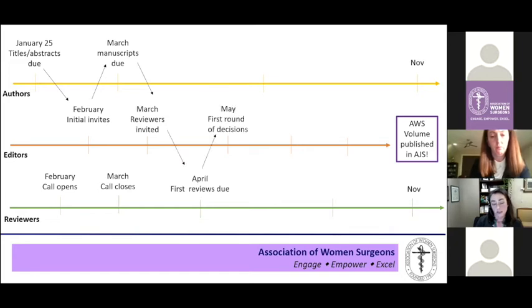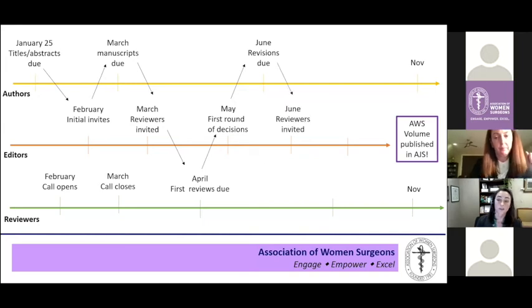We do have a 2-week recommended turnaround for reviewers. So as noted previously, please make sure if you accept, and we tried to make that transparent in the call for volunteers. Then the editors will make decisions. Revisions are due from the authors. Then the reviewers get re-invited.